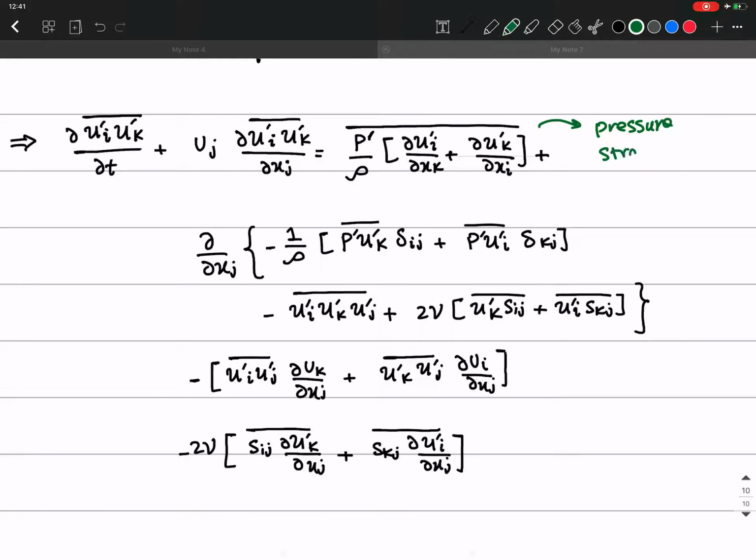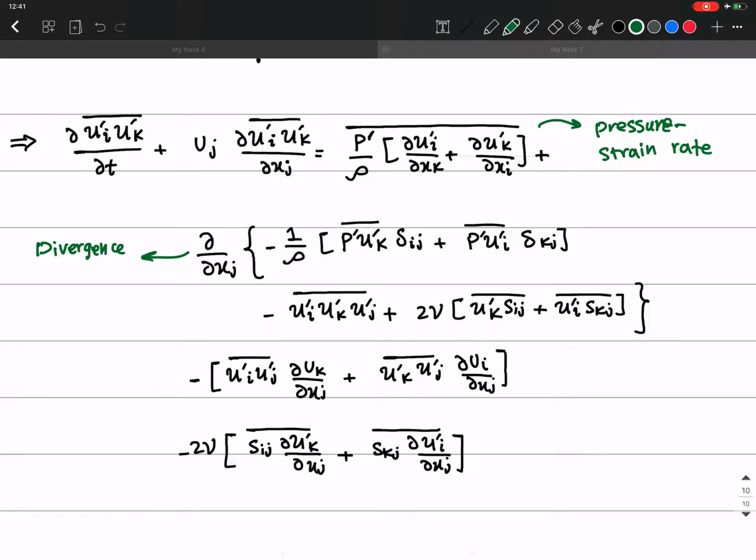So this is the pressure strain rate term. Okay, so what are these terms? These terms are all divergence, right? Because we have partial over partial xj. So these are all divergence terms.